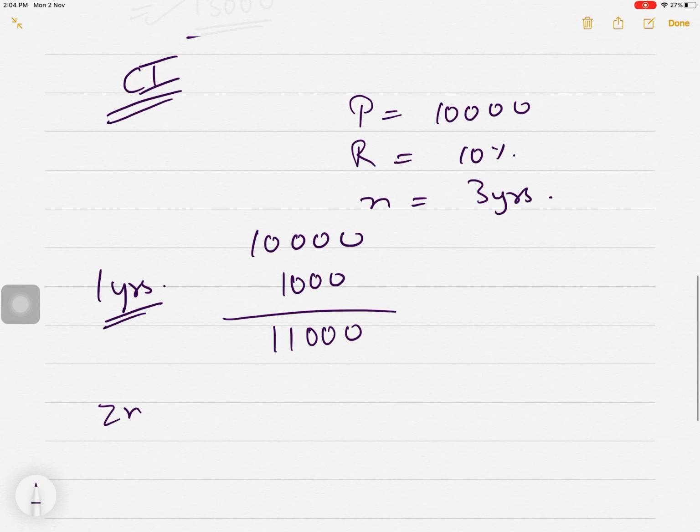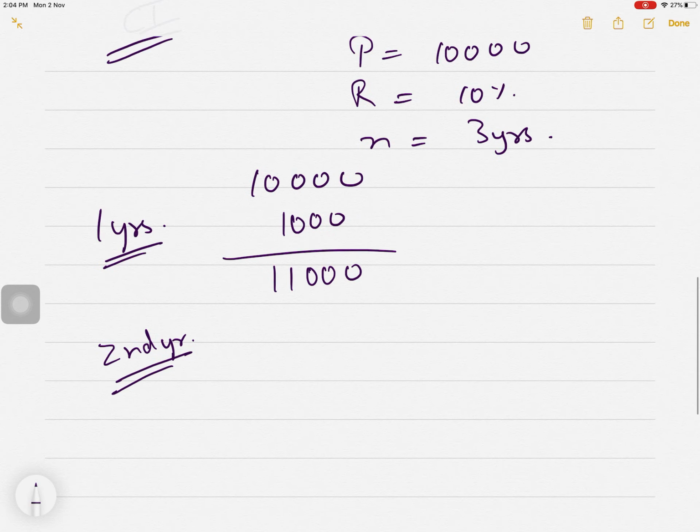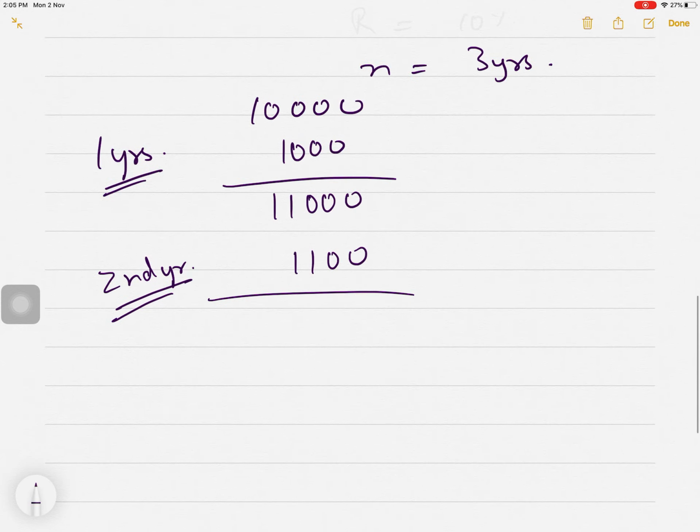Second year, my interest will be on 11,000. So 11,000 into 10% is 1,100. So at the beginning of the third year, my amount becomes 12,100. And the third year, I earn interest on 12,100.